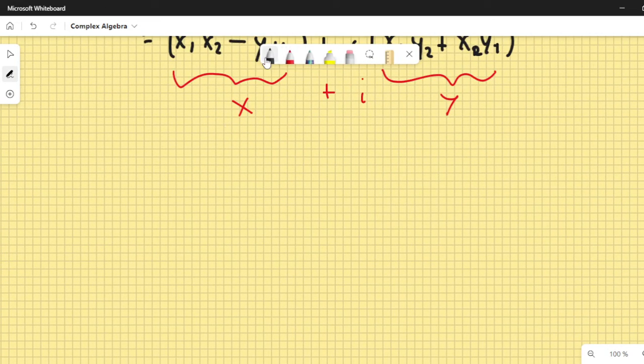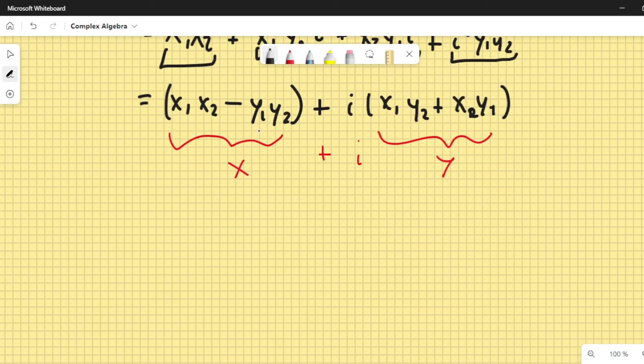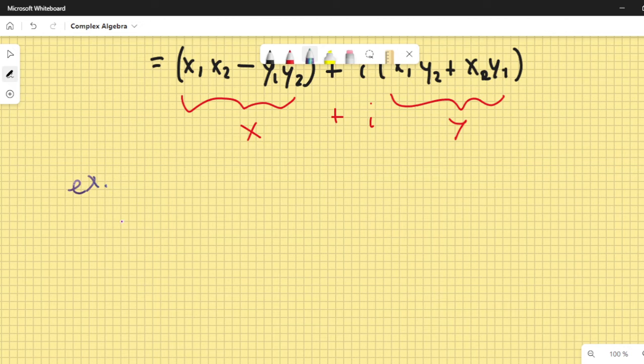Let's do a quick example. Let's imagine c1 is, let me think, I have my notes here, 1/2 plus 2i, multiplied by -2 plus i.